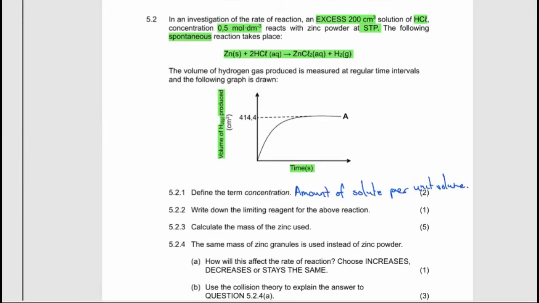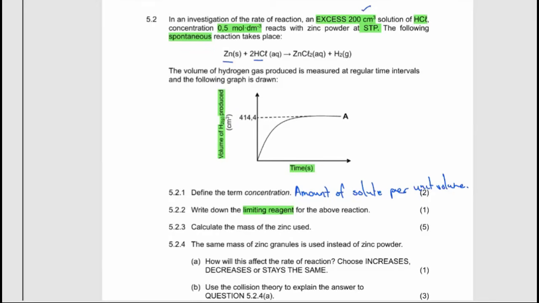Then 5.2.2 says write down the limiting reagent for the above reaction. So we're looking for the limiting reagent. What I'm going to focus on is my zinc and HCl. So these are my reactants, and one of them should be a limiting reagent.